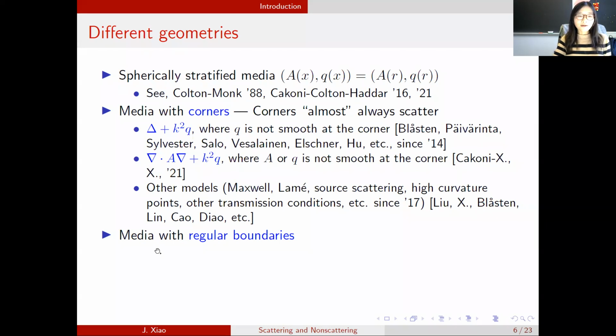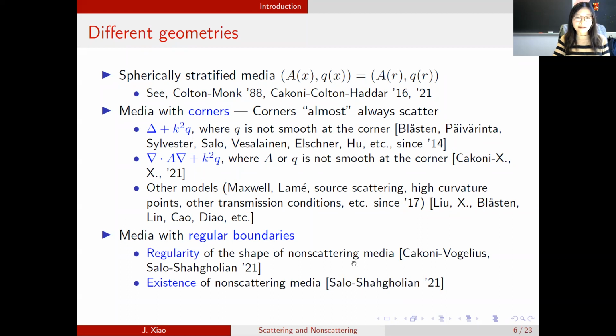Recently there are some results for media with regular boundaries, and they fall into three different things. One is about the regularity of the shape of any non-scattering media, and this was recently studied by Fioralba and Michael and Nico and Henrik Shahgholian.